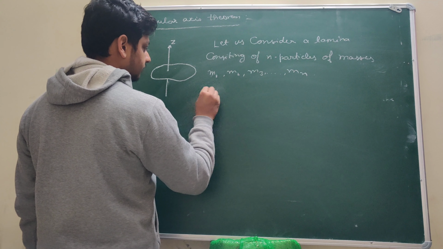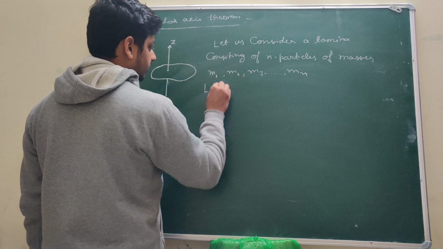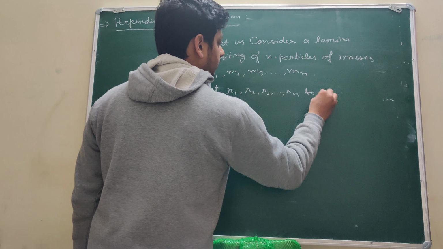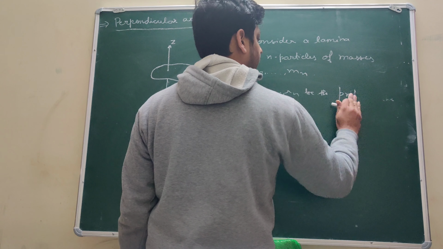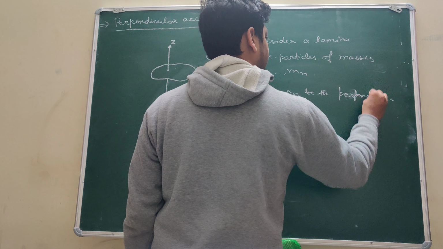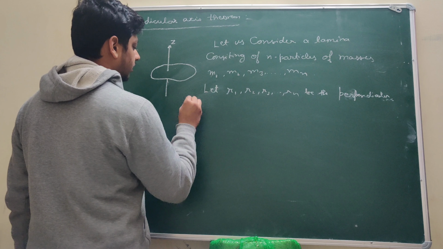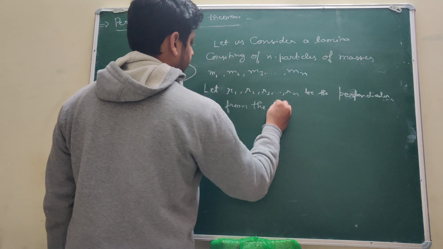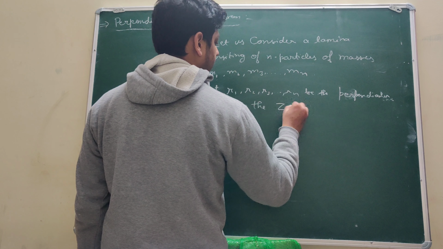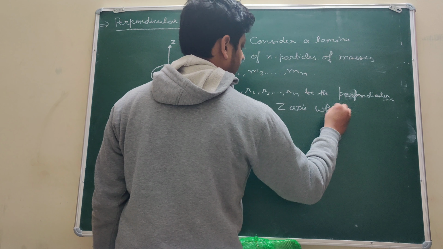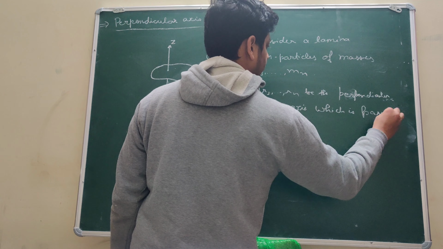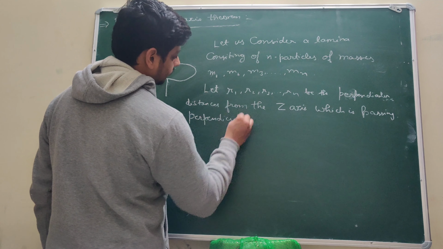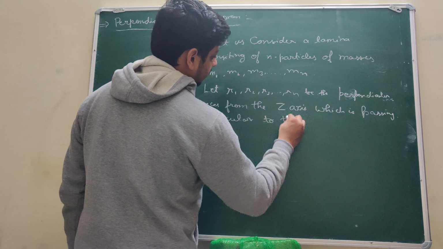So we can write, let r1, r2, r3 up to rn be the perpendicular distances from the z-axis which is passing perpendicular to the lamina.